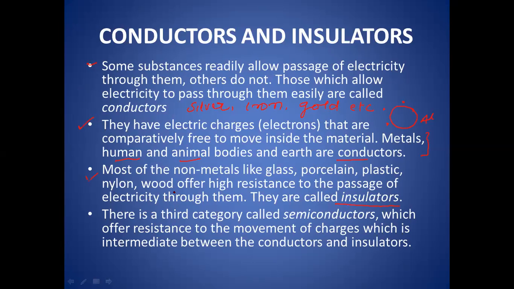There is also a third type of element that we will study in another chapter, the semiconductor chapter. This third category, semiconductor, offers resistance to the movement of charge which is intermediate between conductor and insulator.